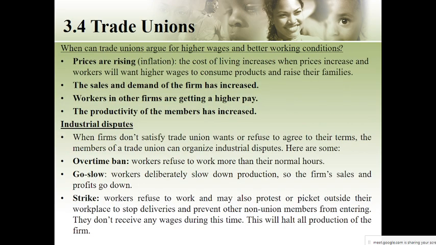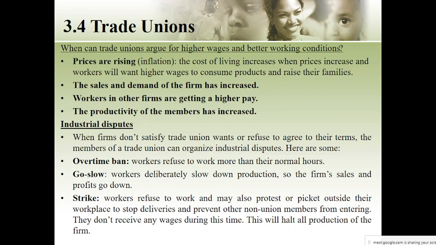The next question is, when can trade unions argue for higher wages and better working conditions? When will they ask for it? Number one, prices are rising. For example, during inflation, of course they will compel organizations to increase the salary of their labor, because inflation is everywhere, everything is expensive, you have to pay them accordingly.